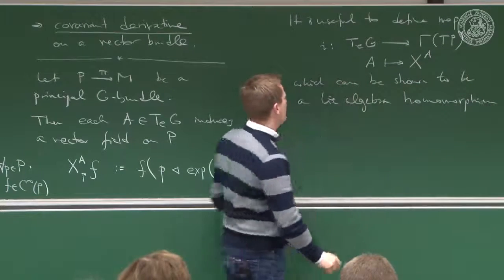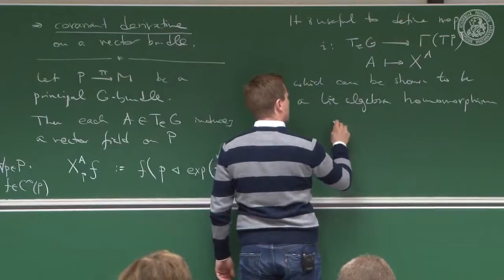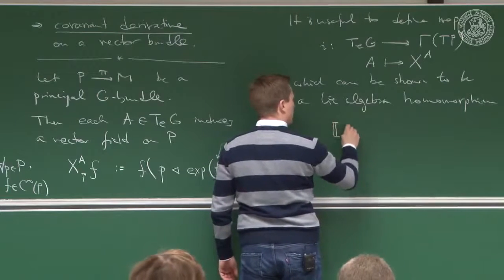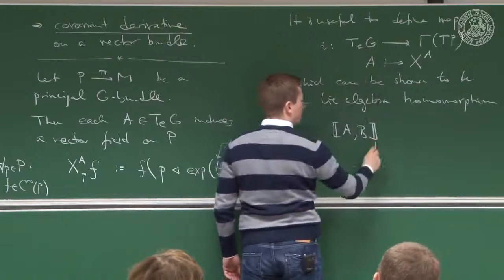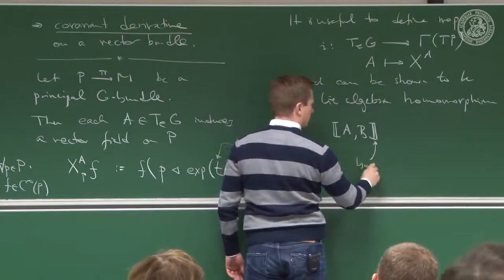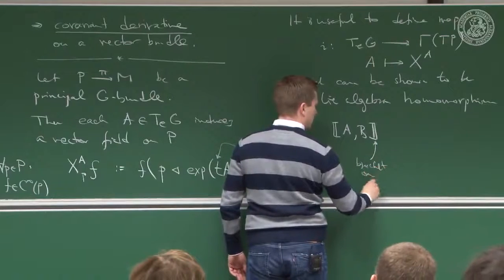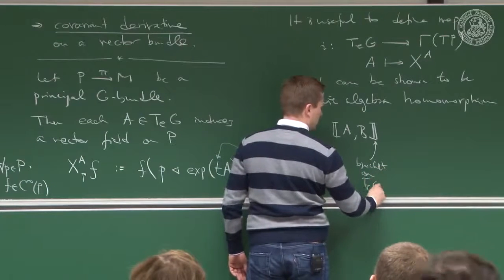Because clearly this is a Lie algebra, I can take two elements, A and B, in this Lie algebra, and this bracket is the Lie bracket on TeG that we constructed.